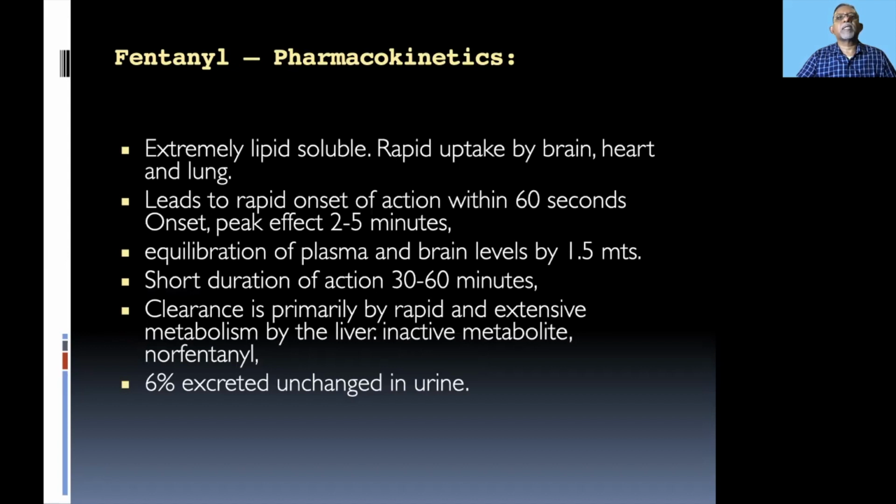Rapid uptake by the brain leads to rapid onset of action within 60 seconds, with peak effect in 2 to 5 minutes. Redistribution to V2 and V3 and rapid, extensive metabolism by the liver to the inactive metabolite norfentanyl lead to a short duration of action, 30 to 60 minutes after a single bolus dose.